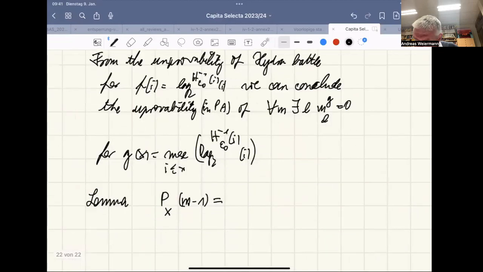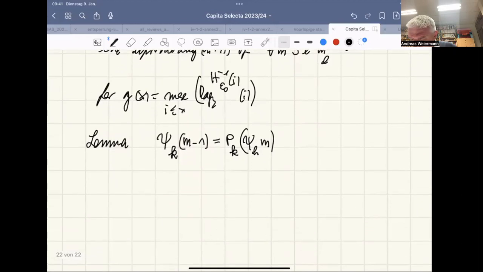C k of m minus 1 is the same as p k psi of m. So let us calculate this one. This is some interesting thing, and this finishes the unprovability part.